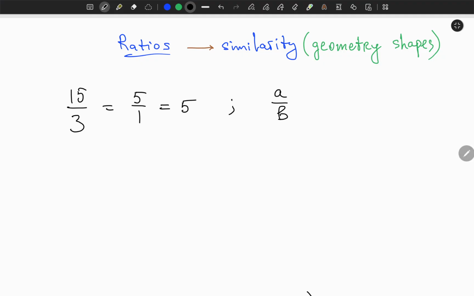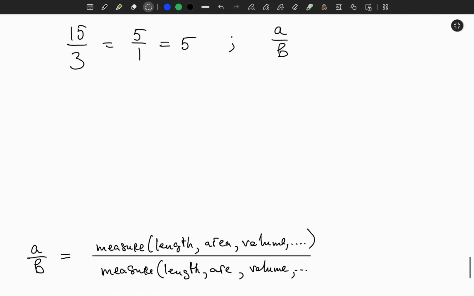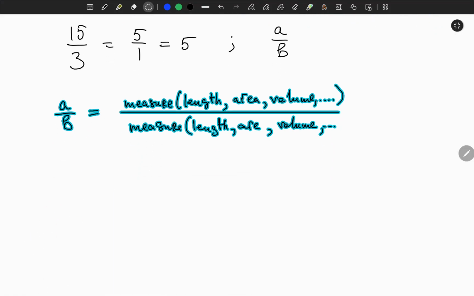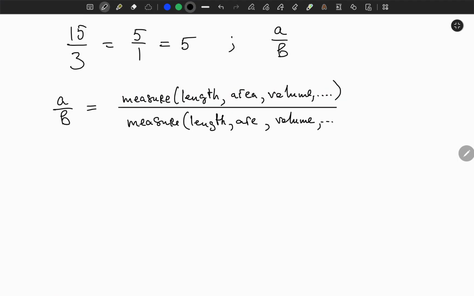Let's suppose they are A and B. When we do this kind of ratio, it's important that we try to relate how much the sides relate to one another. More generally for geometry, the ratio of A over B can be any measure: length, area, volume.